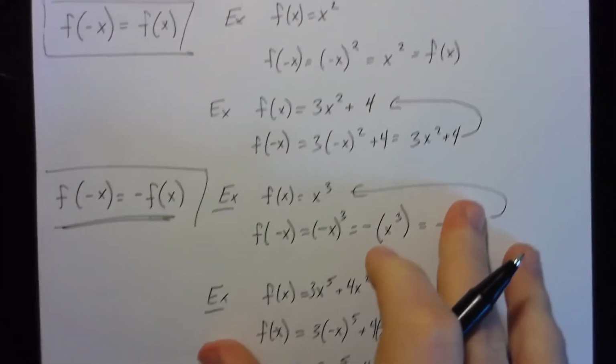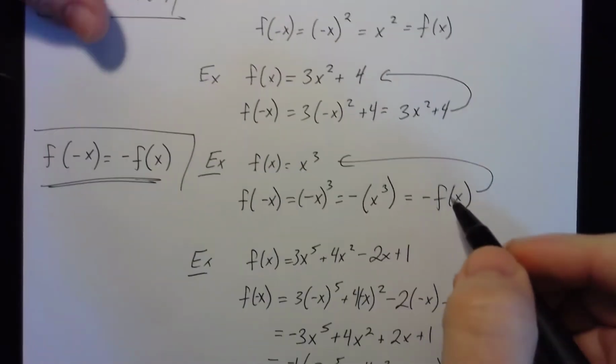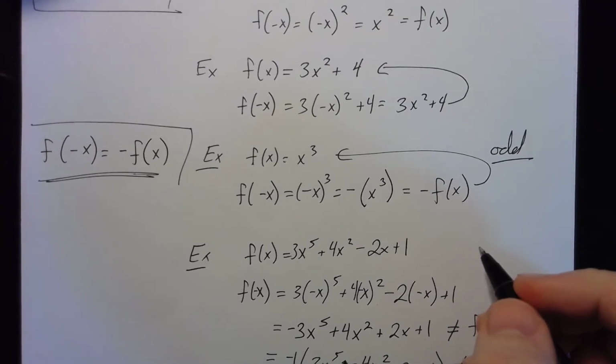So again, we have possibilities of even functions. You have the possibility of odd functions. Now, the major detail that comes from this is the concept of symmetry.